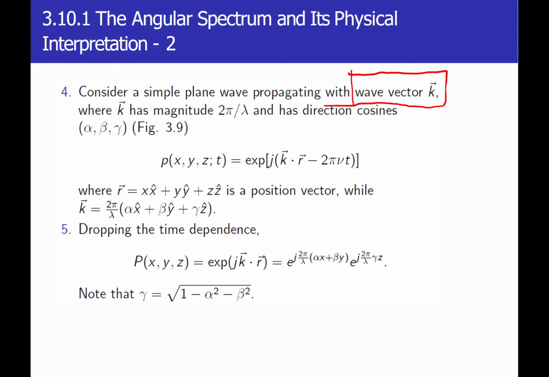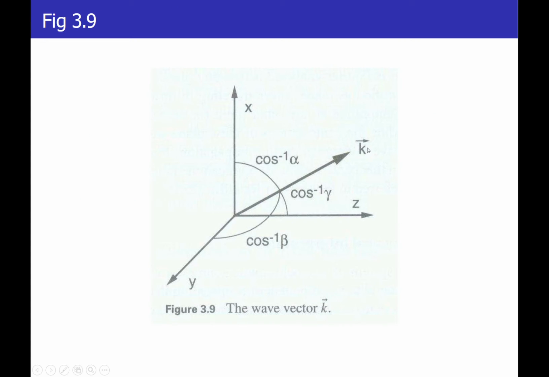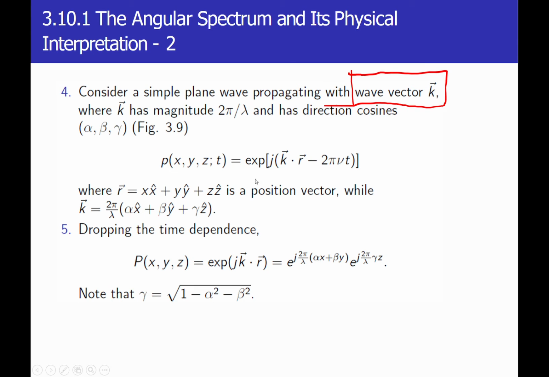And then here we are going to define alpha, beta, gamma: if there is a wave vector k, then we have an angle with the x-axis, alpha, the angle between k and the y-axis is beta, and the angle between k and z is gamma. And then alpha, beta, gamma will give you the k directions.